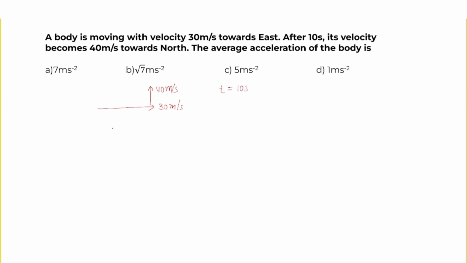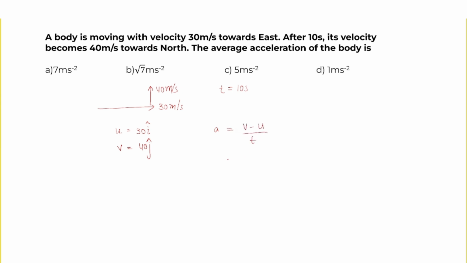So initially our initial velocity u will be equal to 30 i cap, where east is i cap. If it is going towards north, our final velocity is 40 meters per second j cap. Now average acceleration we have to find. So final velocity minus initial velocity over time t. So acceleration a will be equal to v minus u over t.